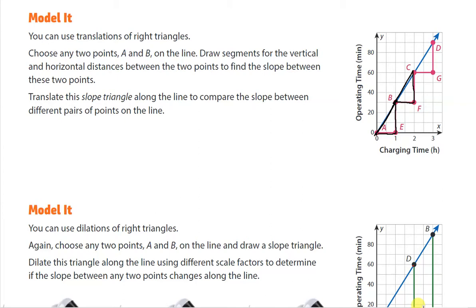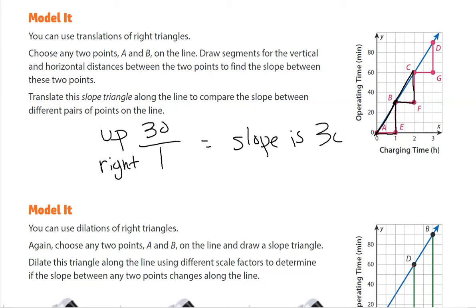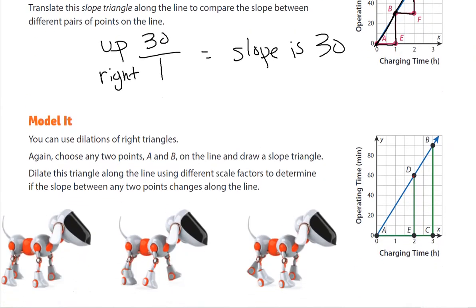We translated this point up by 3 and over by 1 whole, because remember these are halves. So that was how we translated. We translate up 30 and right 1. So slope is 30. So that's the translation will also give us the slope.